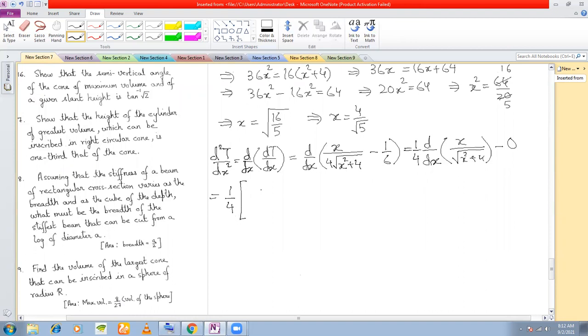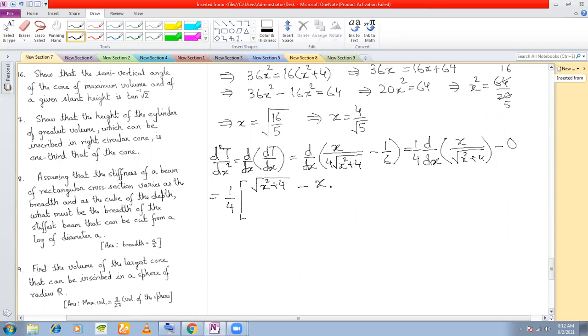Okay, if you check the differentiation, u by v here: v is root over of x square plus 4. So this is root v into d/dx of u, here u is x. So d/dx of x here is 1, so nothing to write here. Okay, minus u, which is x, into d/dx of v. v is root over of x square plus 4.